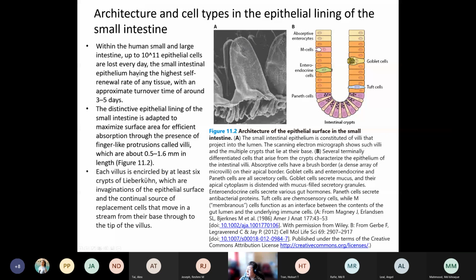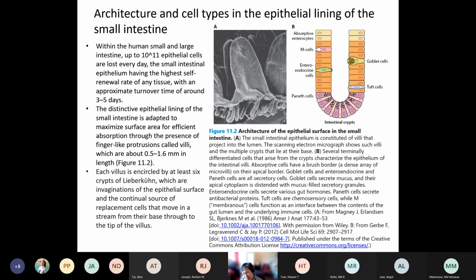Okay. So within this crypt, you're going to have cells generated. The cells will get generated within the crypt, and then the cells will move up until they reach the tip of that villus. If somebody said that the cell renewal here is because of the presence of stem cells, I think it's easy to imagine maybe the stem cells will be in that crypt rather than in the villus, right?